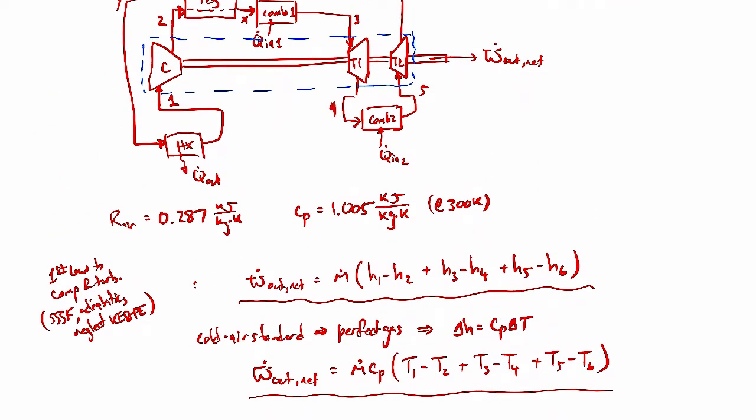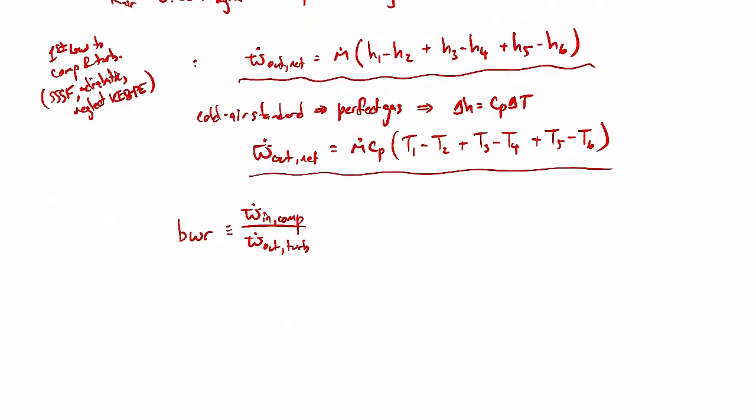So let me draw that out here. If we draw a control volume around the compressor and apply the first law there, so first law on compressor, again assuming steady state, steady flow, adiabatic, negligible kinetic and potential energy changes.